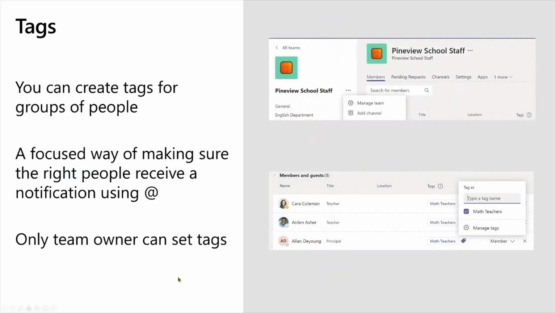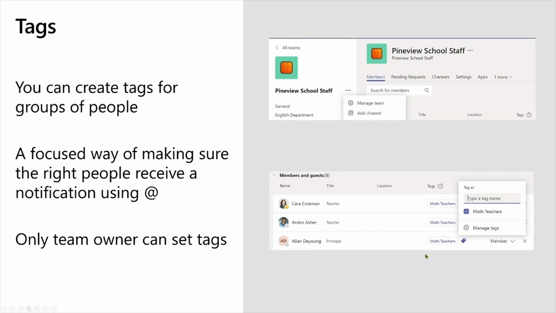We can also, and I think this is something that's really nice, start to tag people. So when you have a team, you may have some smaller groups that need to get particular information. Again, this is helping me become more specific on how I might want to do this. So I might want to create a tag for a group of people where we can give them a particular name. So in this instance, we've created some tags that are called math teachers.